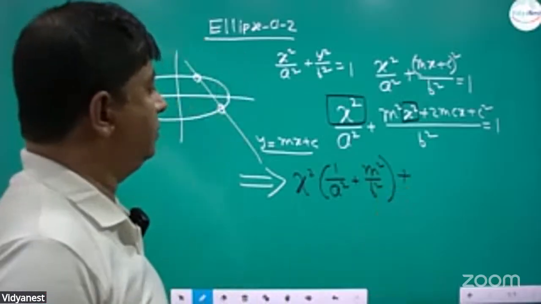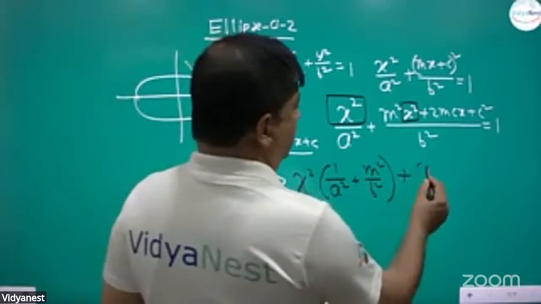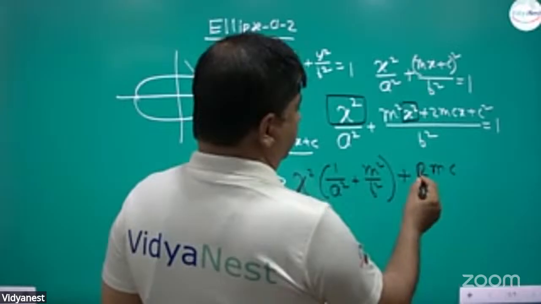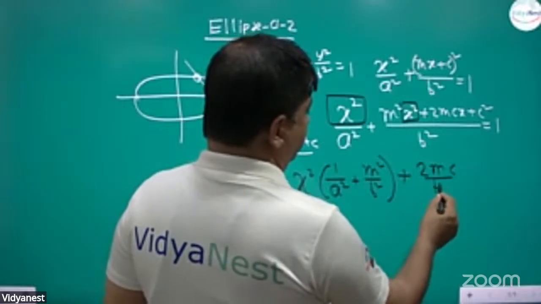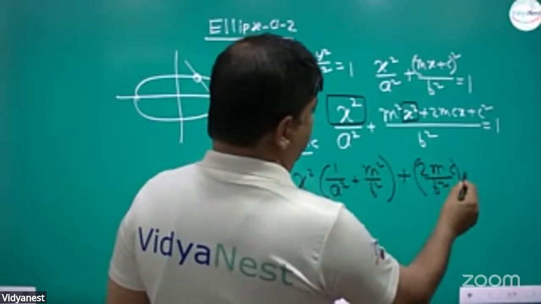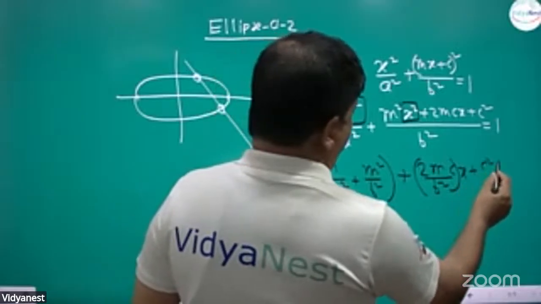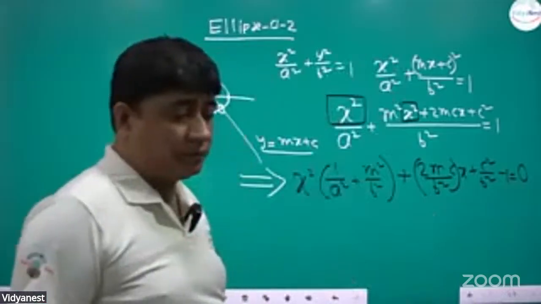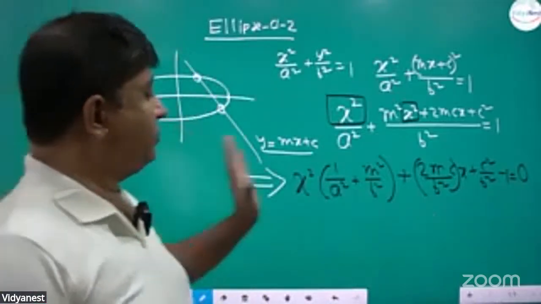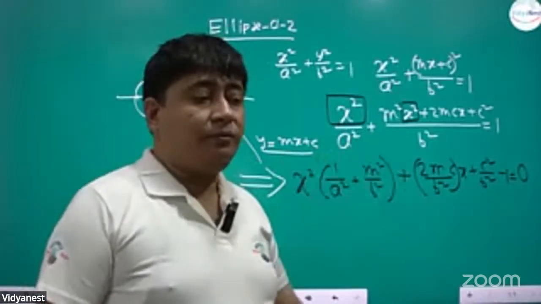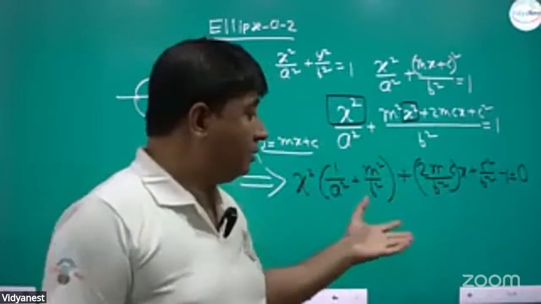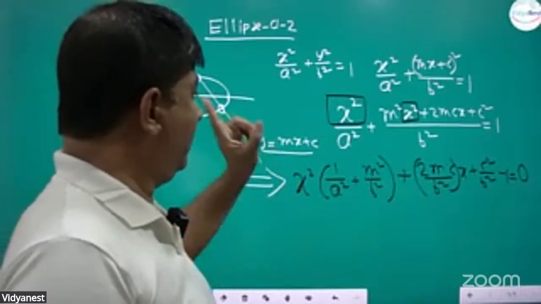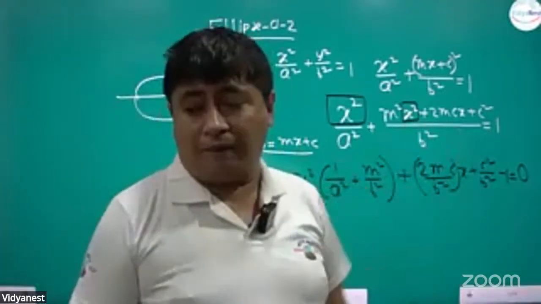Plus 2mc x plus c square by b square minus 1 is equal to 0. So which form does it attain? It attains the form of a quadratic equation, ax square plus bx plus c.